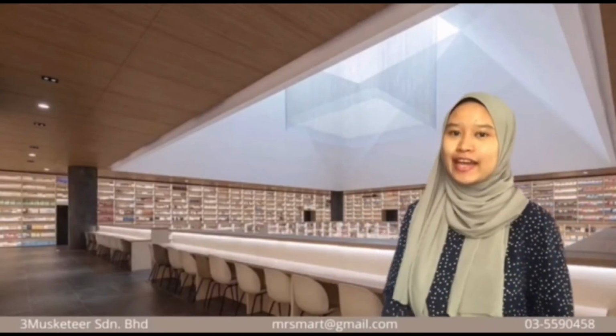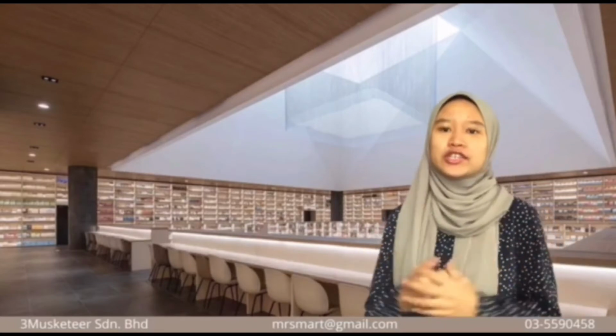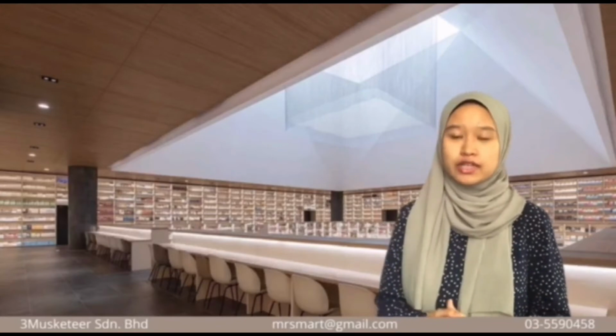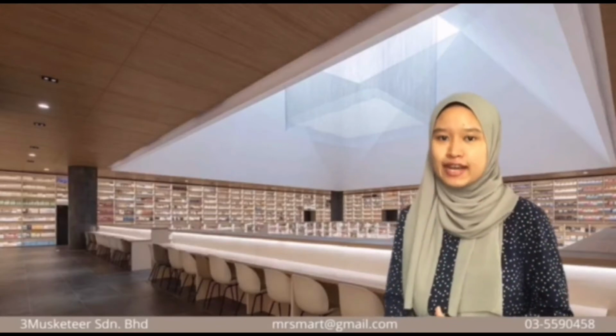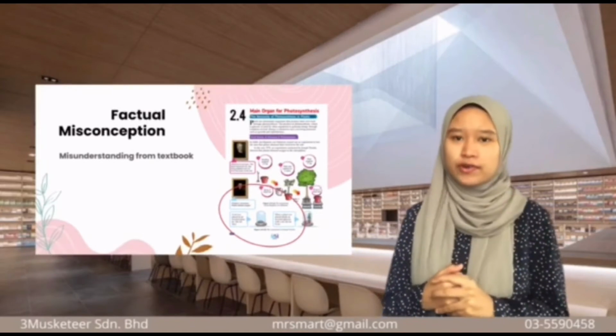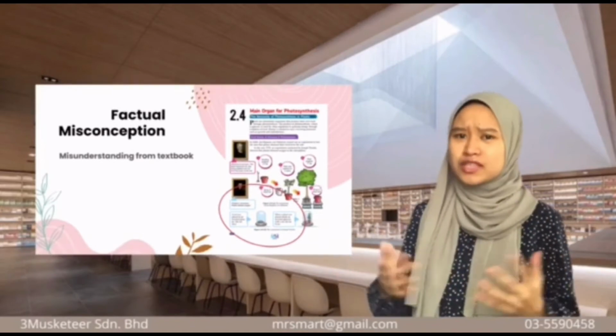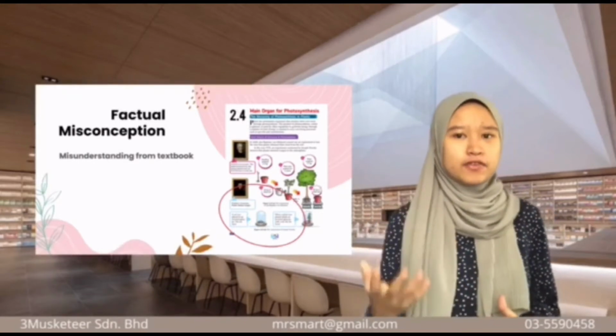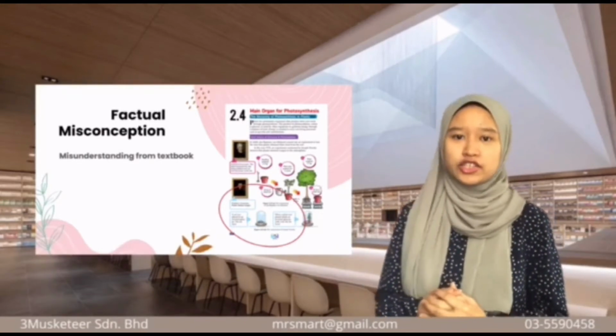Last but not least, this factual misconception can also occur from confusion caused by the textbook. In the Form 5 biology textbook, the example of an early study included to indicate a plant is undergoing photosynthesis is by observing the oxygen produced by the plant and its influence on the condition of a mouse.